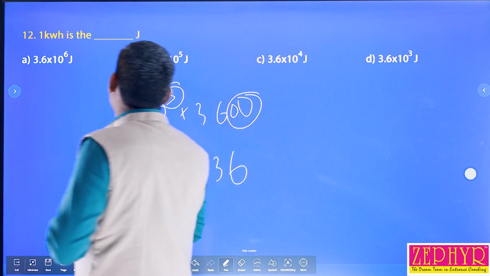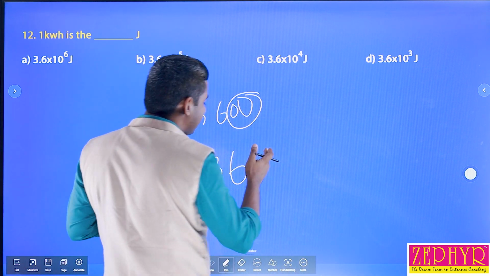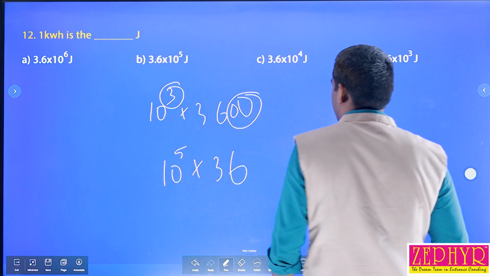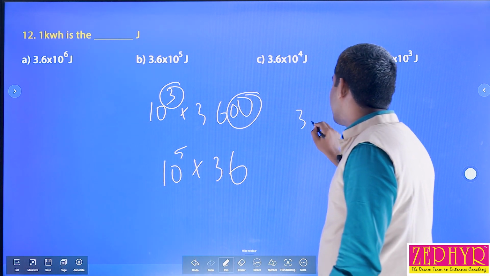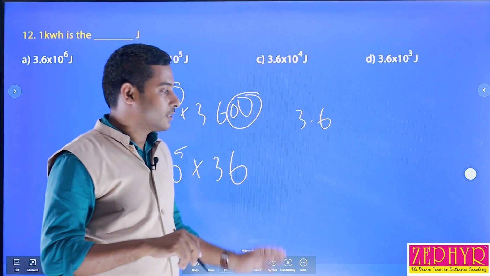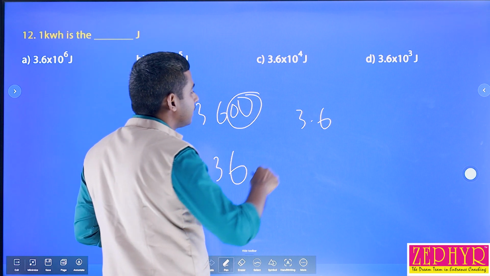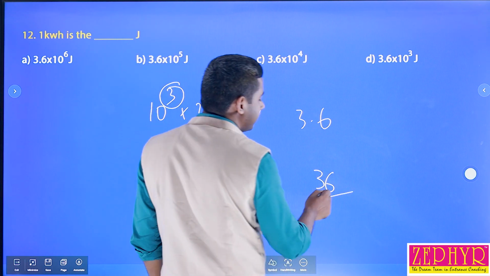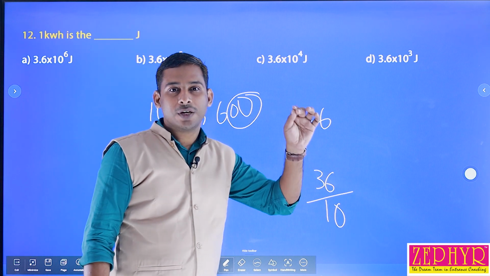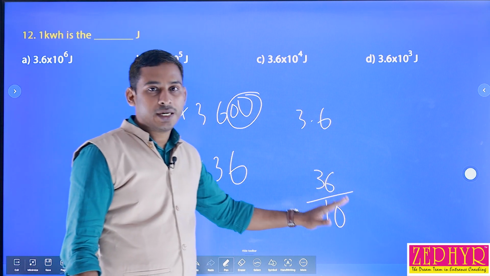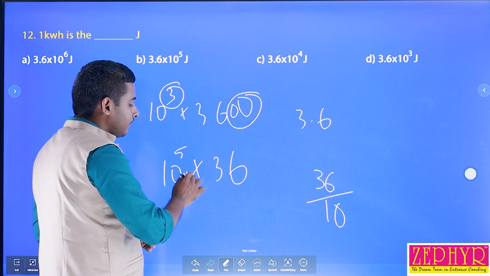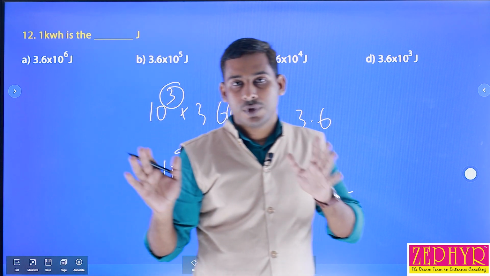So, how can we modify this answer to match the question? When I take it as 3.6, that means I have divided 36 by 10, right? When we divide one number by 10, at the same time we have to multiply 10 raised to 5 by 10 also.